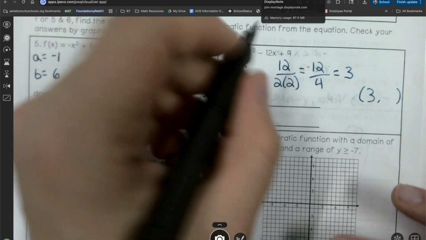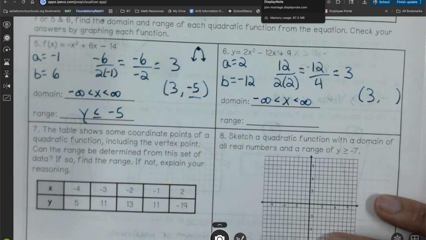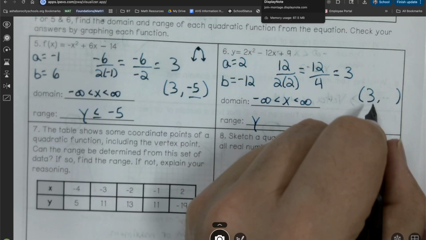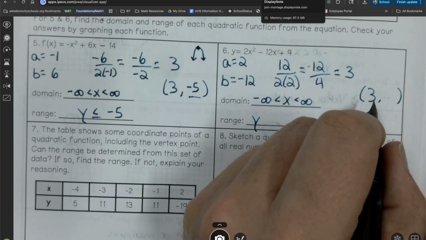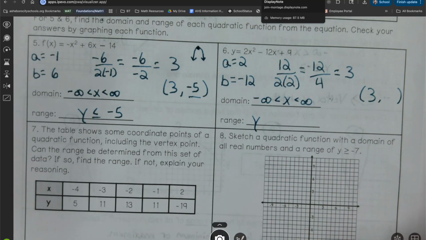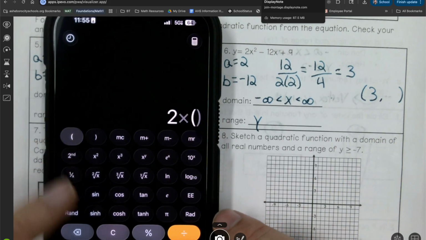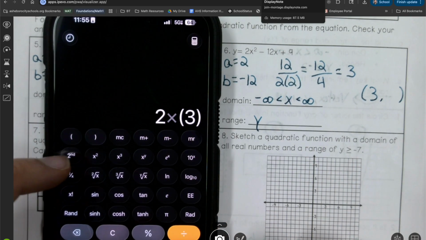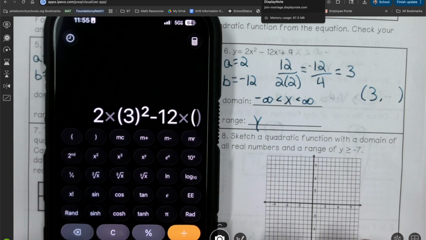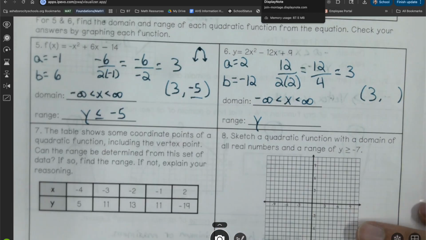But just like the other one, the domain is going to be from negative infinity to positive infinity, or all real numbers. And our range is going to be, well, y has to be less than or greater than whatever we get when we plug 3 back in. So if we do that, 2 times 3 squared minus 12 times 3 plus 9 is negative 9.